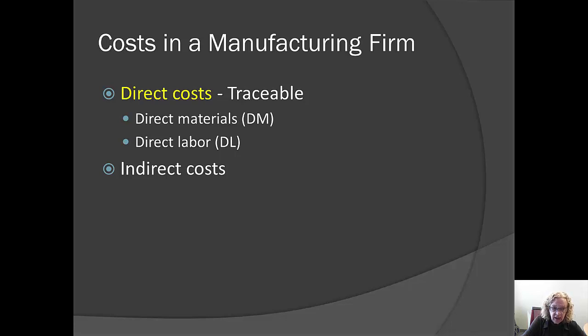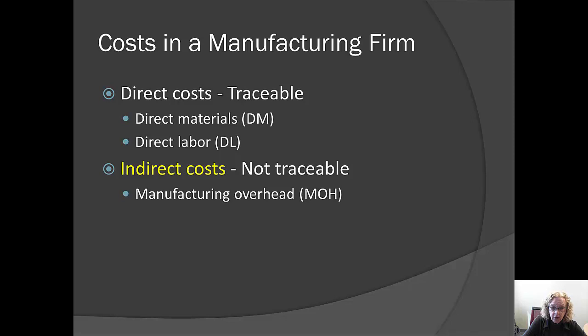By contrast, indirect costs can't be traced. That's why they're called indirect. So what would be included in that category? Generally, we call indirect manufacturing costs manufacturing overhead, and it includes a couple of specific categories. Number one, indirect materials.